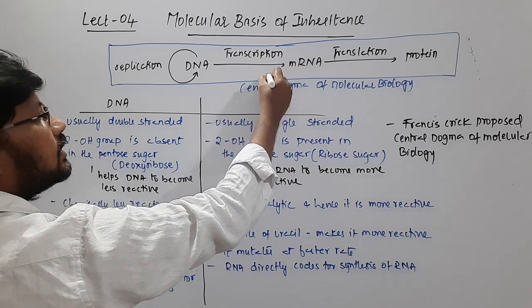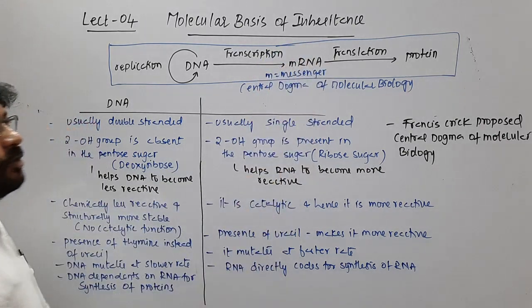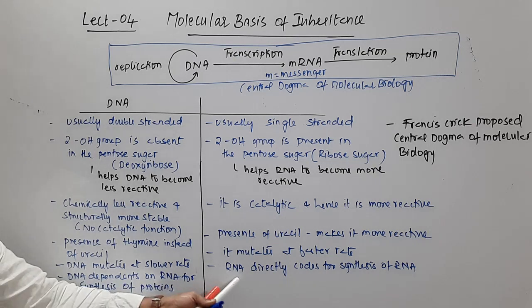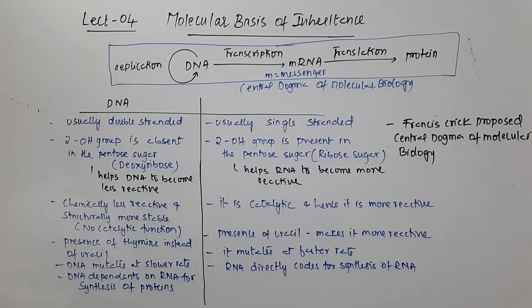Here the M stands for messenger. What I told you already, I'll be discussing in coming sessions. So DNA depends on RNA for synthesis of proteins, whereas RNA directly codes for synthesis.